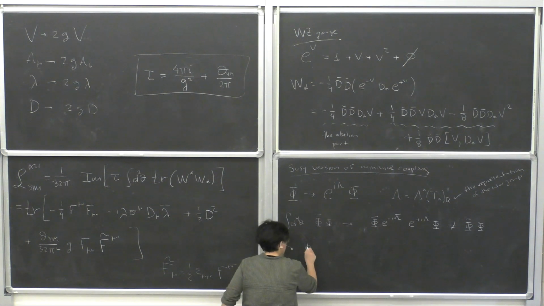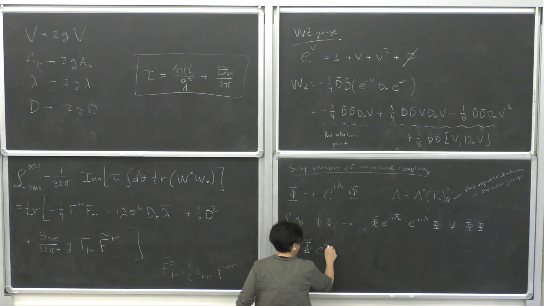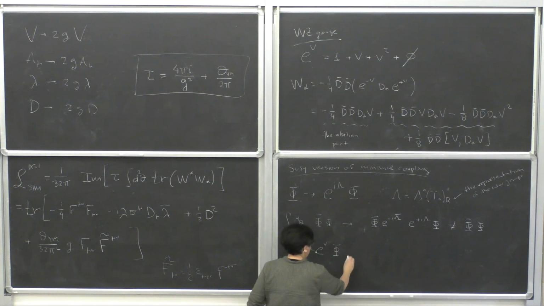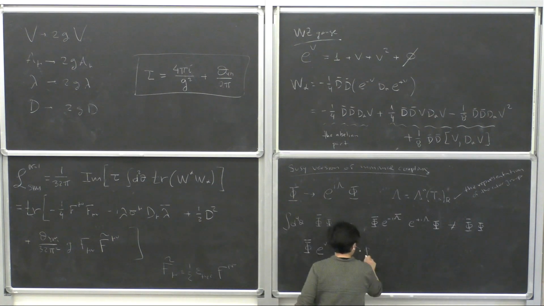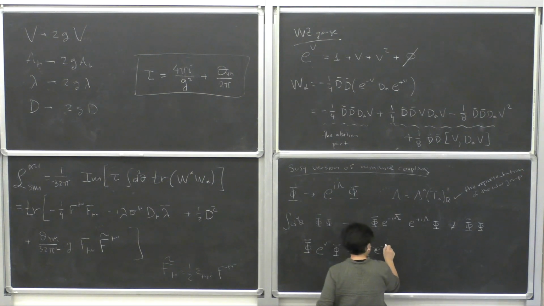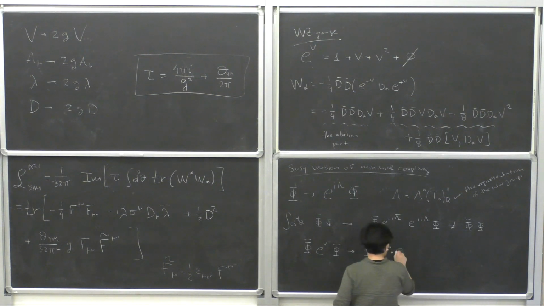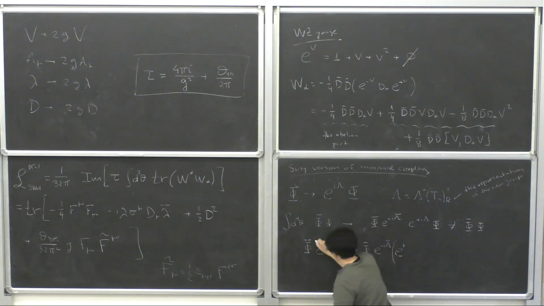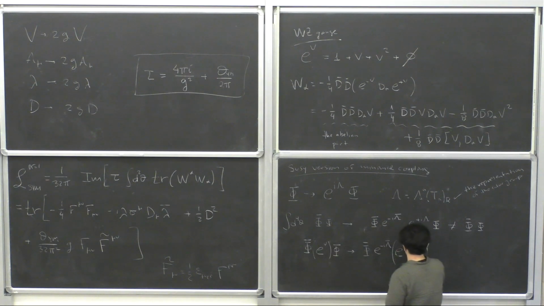So phi bar e to the v phi, so this, I'm writing the transformation of this. It was made to do that.